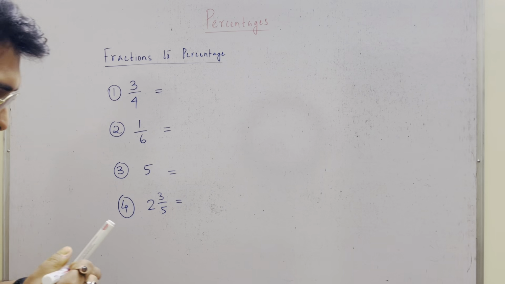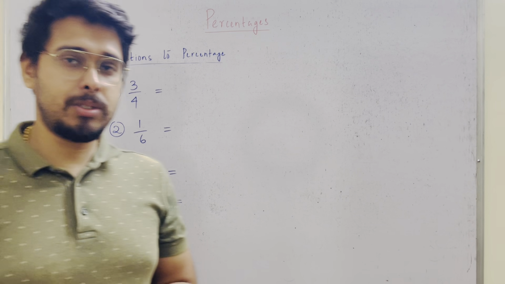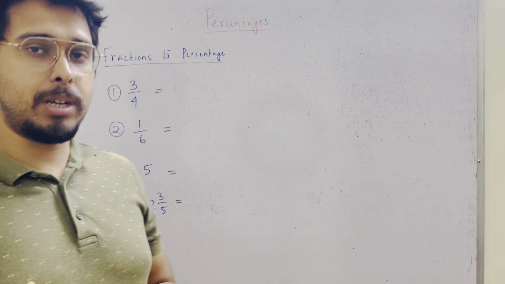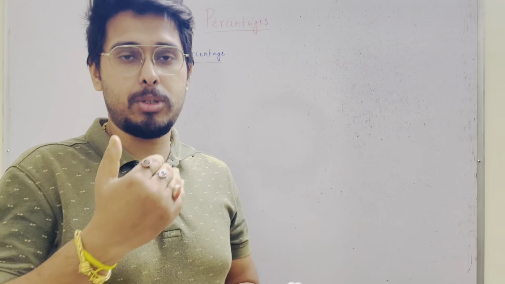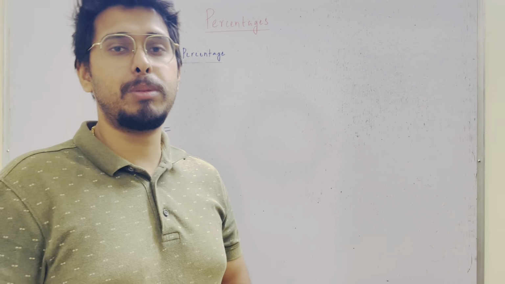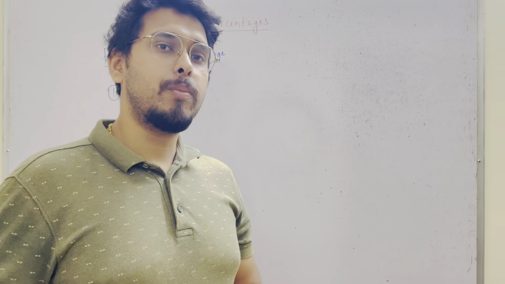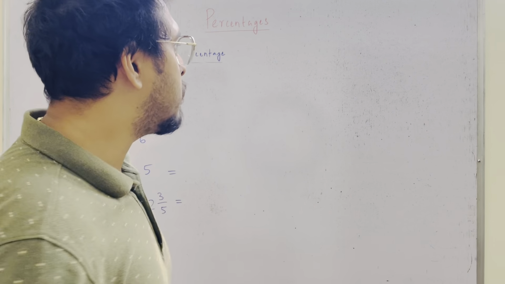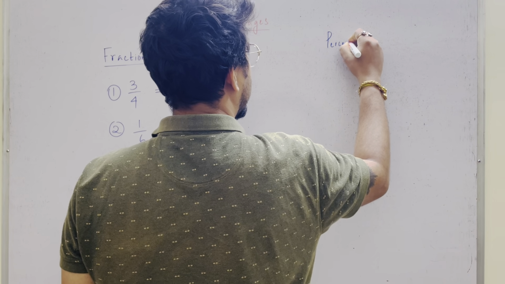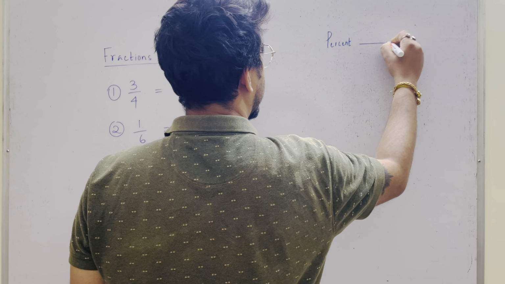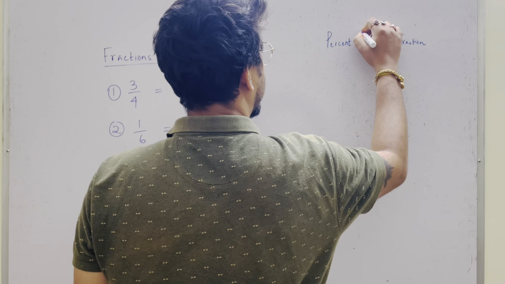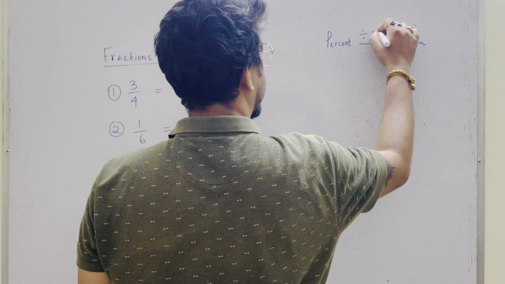Now see, in case of percentage to fractions, what we have learned is that if we divide the percentage by 100, we can turn it into a fraction. Why? Because percentage means out of 100. So to convert from percentage to fraction, we have divided by 100.